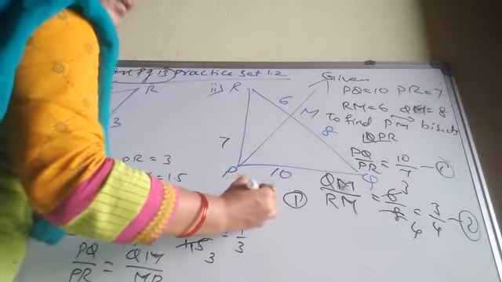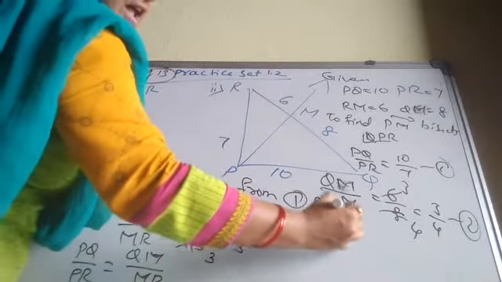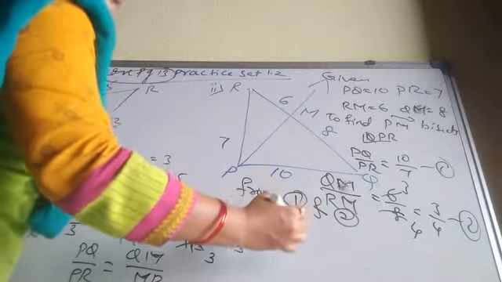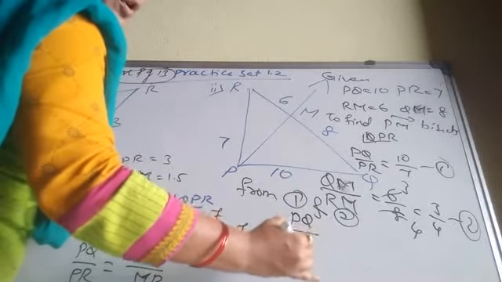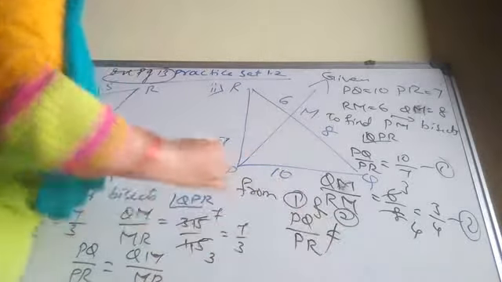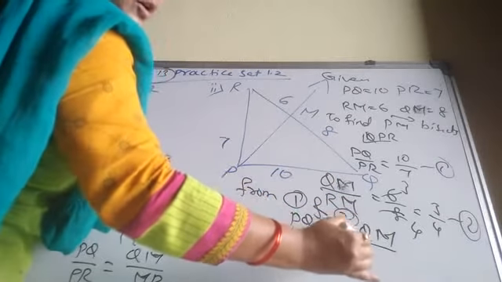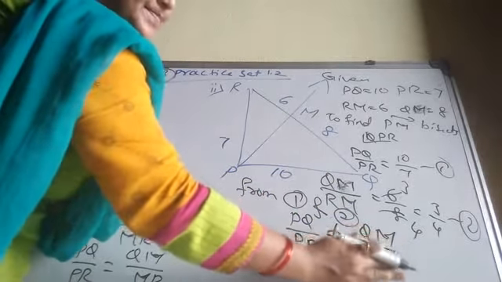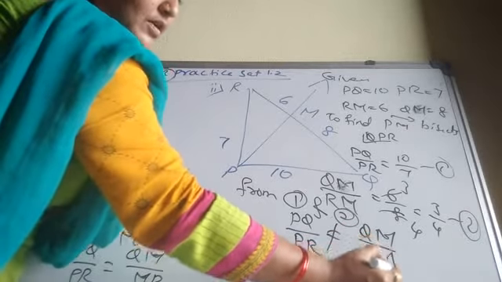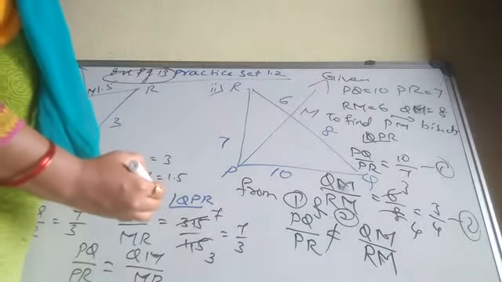From 1 and 2, PQ upon PR is not equal to QM upon RM. From this, what do we know?